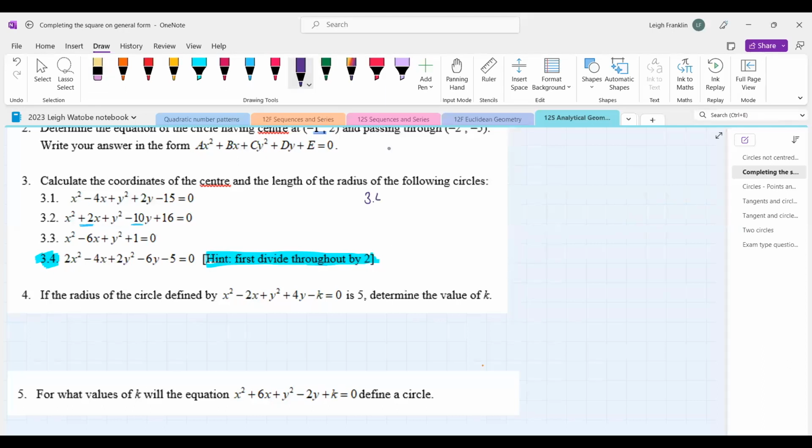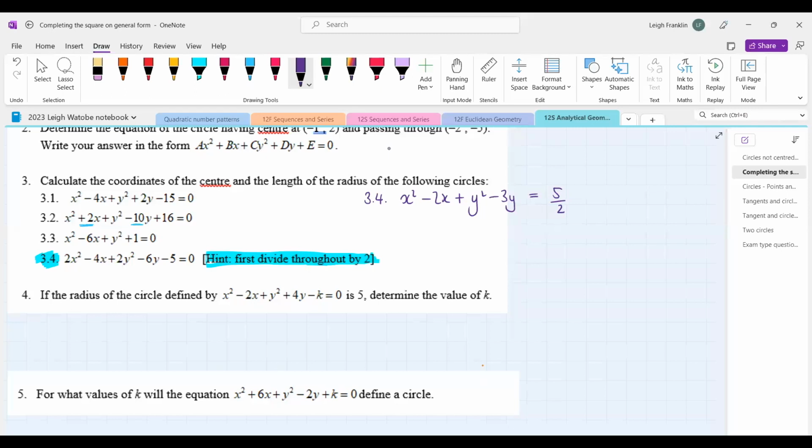What did you do first? Thank you, ma'am. So first I took the hint and divided by 2. Okay, so what did that give you? x squared minus 2x plus y squared minus 3. And I took the 5 over, and I had positive 5 over 2 is equal to positive 5 over 2.